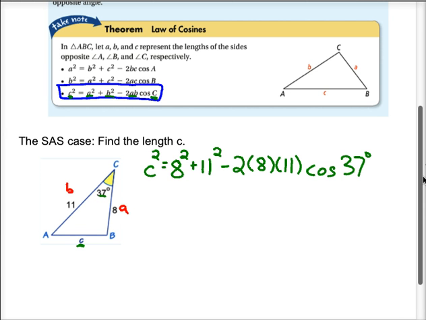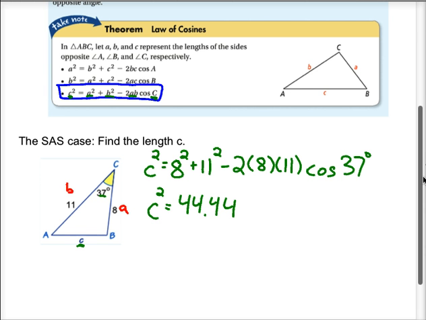So if you type that whole thing into your calculator all at once, because all the numbers are on one side, 8 squared plus 11 squared minus 2 times 8 times 11 times cosine of 37. So if you type that in just as I have it written, using the parentheses and all that stuff, what you're going to get is c squared is about 44.44.